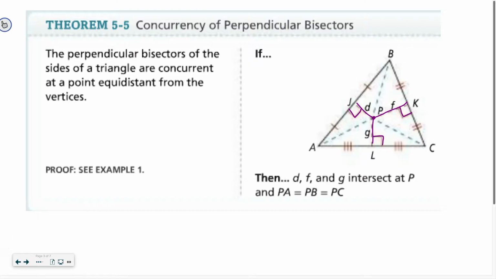And if you have that, then each of the blue lines going from the circumcenter to the vertex are going to be congruent. And you're also going to have those sides that have been cut in half, okay?